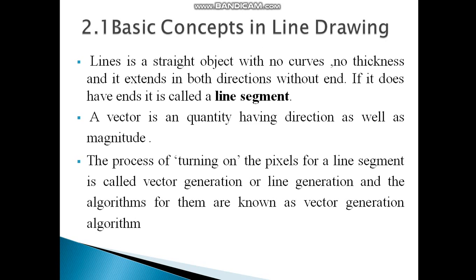In today's session, we discuss the first topic, that is basic concepts in line drawing. A line is a straight object with no curves, no thickness, and it extends in both directions without end. If it does have ends, it is called a line segment.